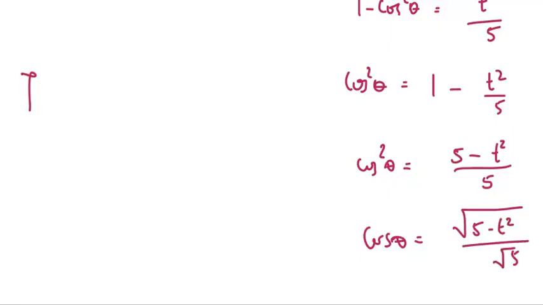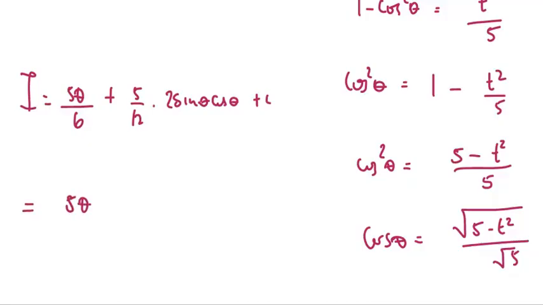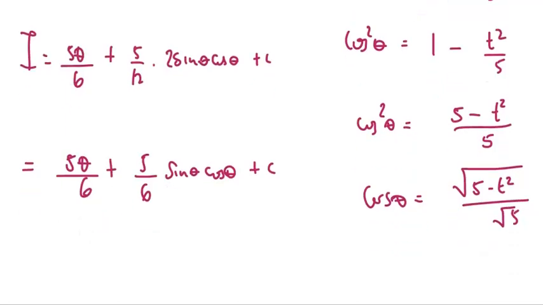Okay, so our I is going to be equal to 5 theta by 6 plus 5 by 12. Don't forget this is 2 sine of theta cosine of theta and then plus c, right? So here this will be same as 5 theta by 6 plus, 2 into 12 here giving us just 5 by 6, and then we have sine of theta cosine of theta and then plus c. Now we can make our substitutions.